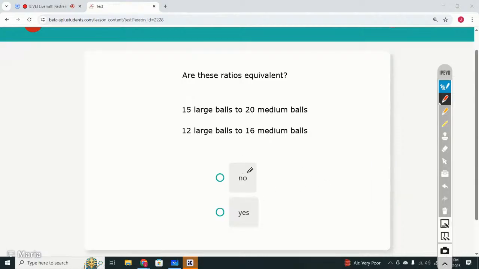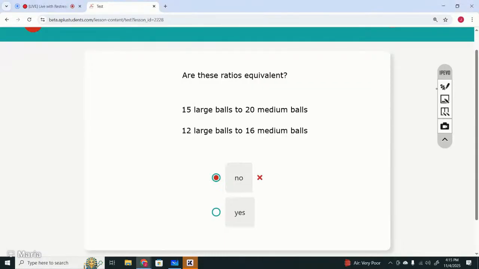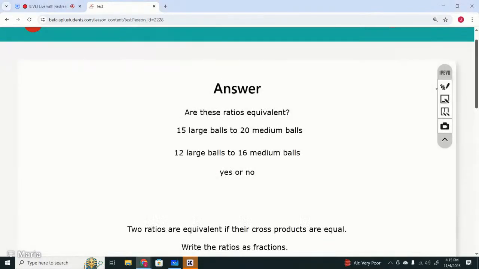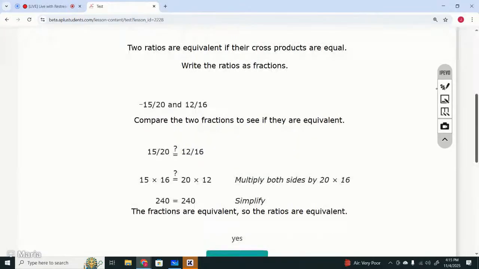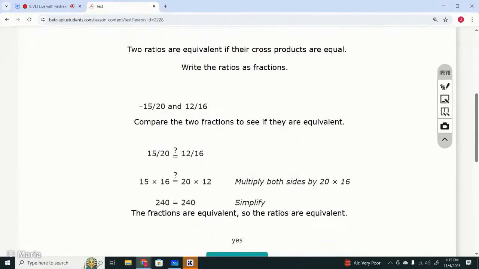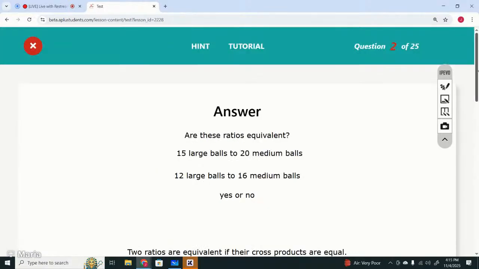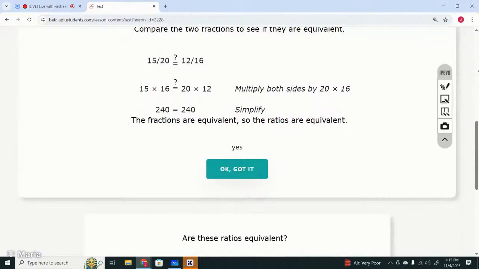Yes, they are equivalent. The correct option is yes, they are equivalent. Okay, got it.